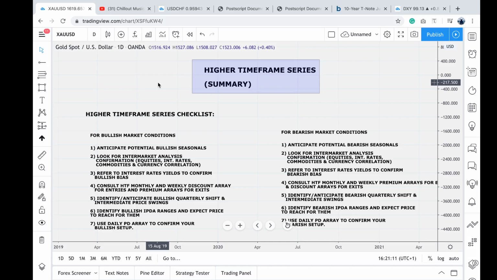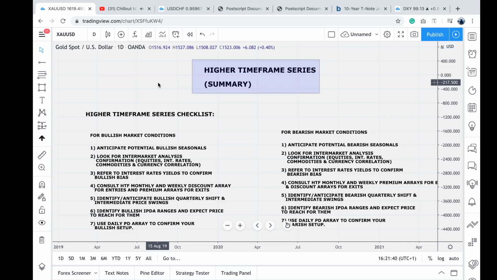You need to cross them off your list one by one, and this is going to give you the right perspective on what you need to be focusing on and looking at in the marketplace. It's going to prevent you from looking at things that are not really necessary when you want to look at the market from a macro perspective.